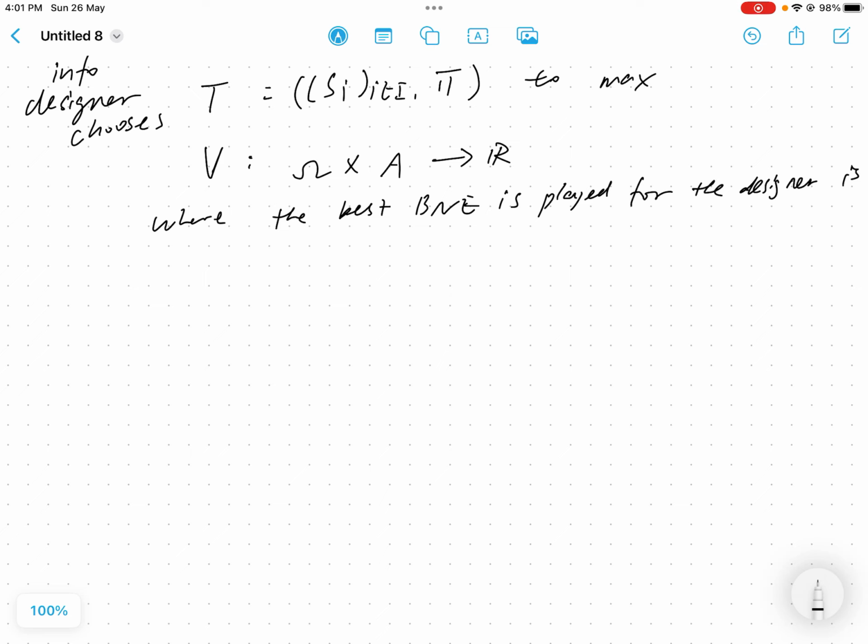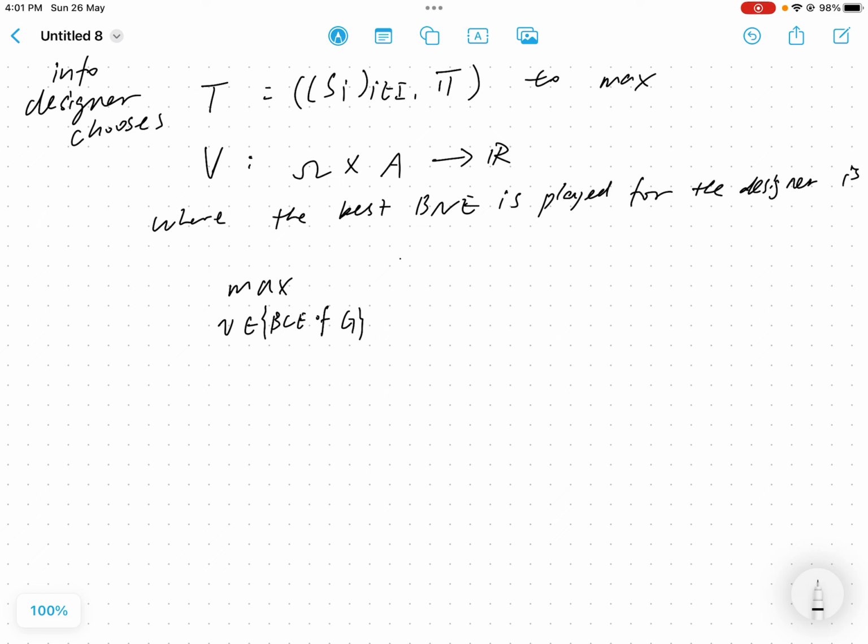Okay, so we can write this as the maximization over the outcomes. So this outcome is an element of the BCE of G, the basic game.